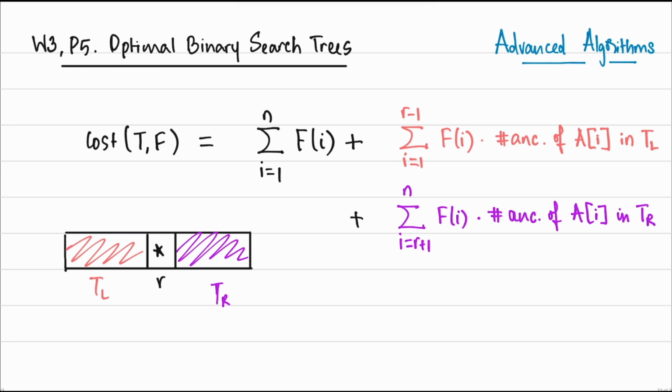So notice that these summations that we have written here are really just cost functions in their own right on smaller BSTs.